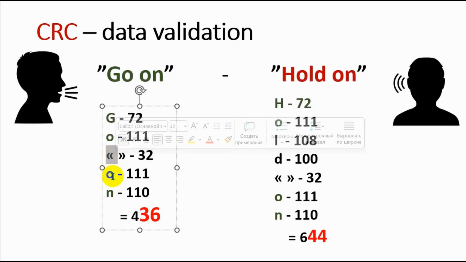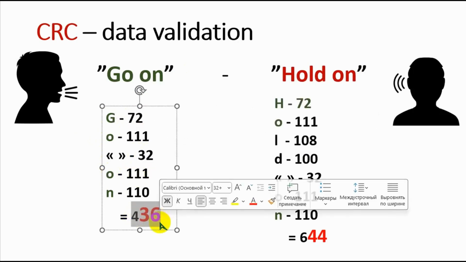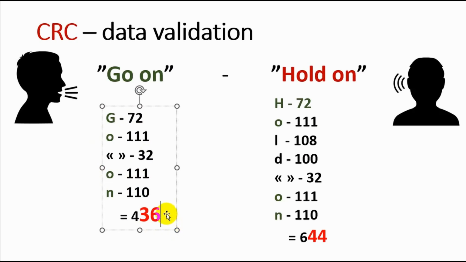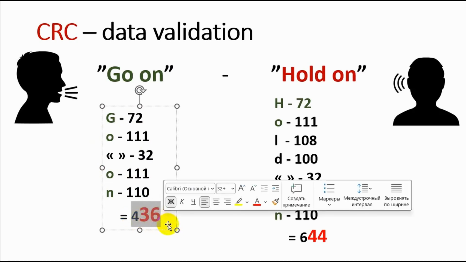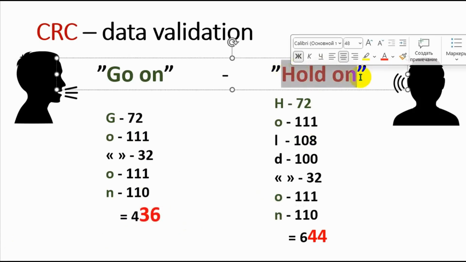So for example, each letter has its number, then you can summarize, make the sum and take part of the sum. Yes, CRC works a bit more difficult, but in general the principle is a bit similar. So you can send this, let's say 36, and when you receive data you also can calculate this checksum and compare.